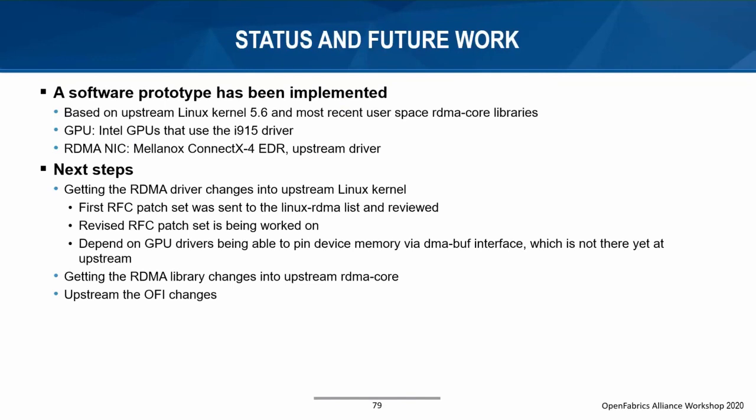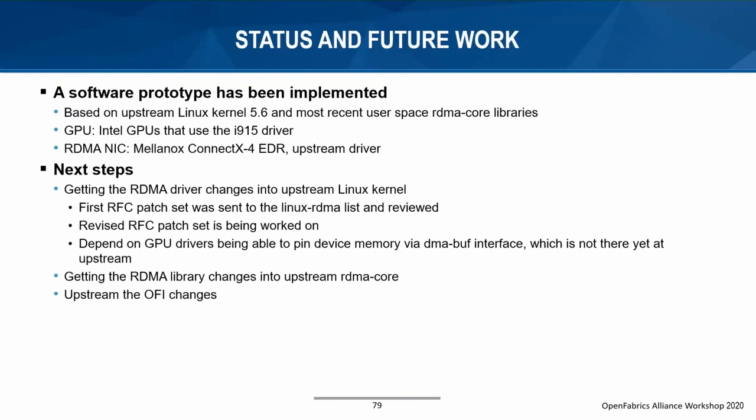We use the Mellanox ConnectX-4 EDR NIC as the RDMA NIC using the upstream driver. We added all the necessary DMA-BUF support to the RDMA driver. This has been tested working fine, and we achieved the expected performance.